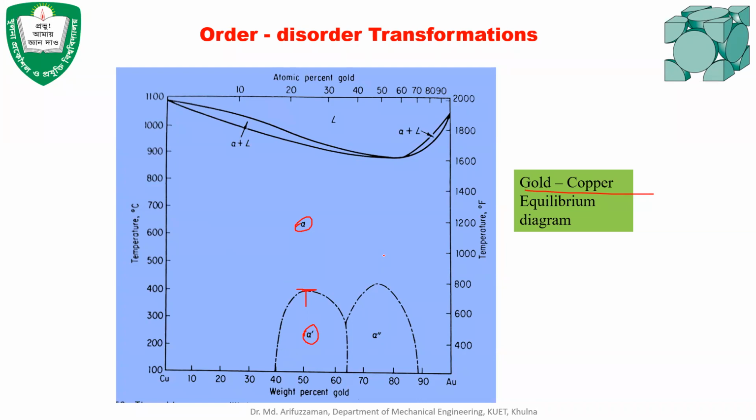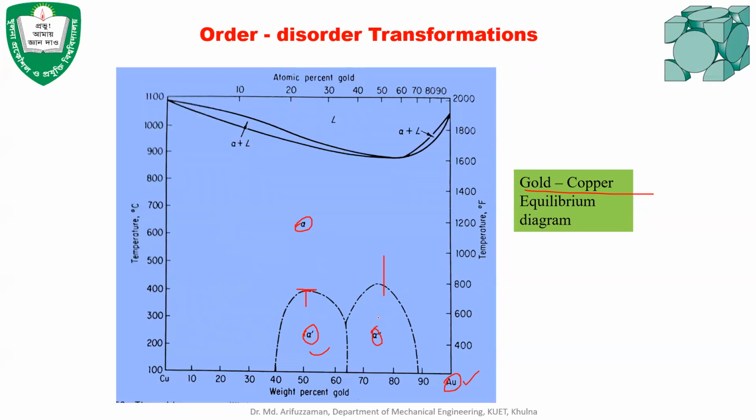The same happens in the case of alpha double dash. This also has a similar ordered arrangement, but the arrangement will be slightly different from this one, because this one will have more gold atoms than copper atoms. Alpha double dash will be copper distributed in the matrix of gold, and in the case of alpha dash, the gold will be distributed into the copper solution.